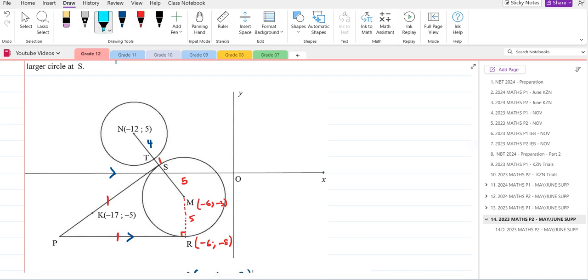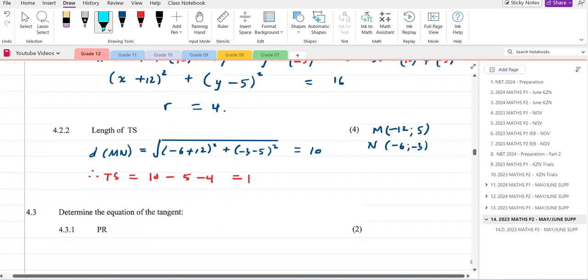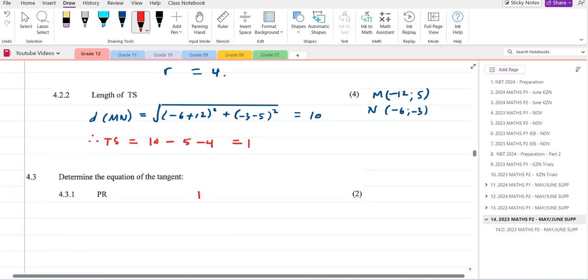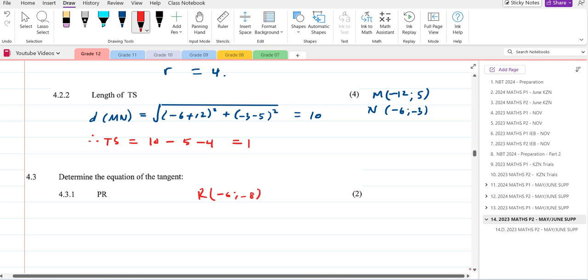So what's the equation of the horizontal line PR? The equation of the horizontal line is y equals negative 8. Remember, the equation of a horizontal line is y equals k. So in this case, y is equal to negative 8. Remember to write down the coordinates of R, which is negative 6 and negative 8.